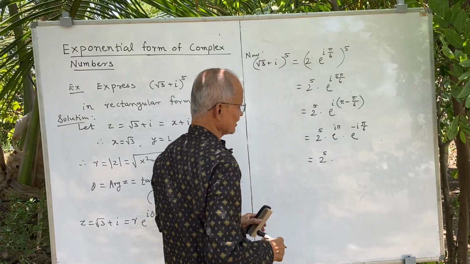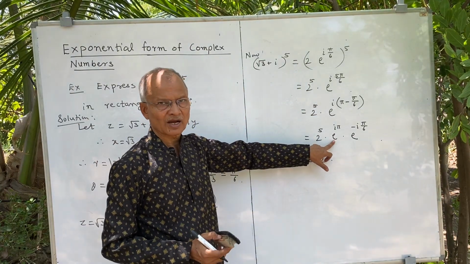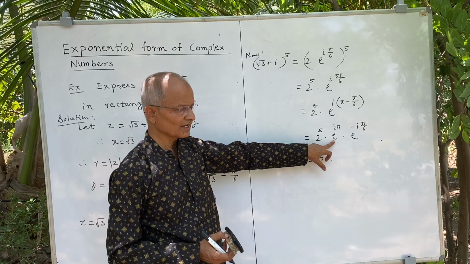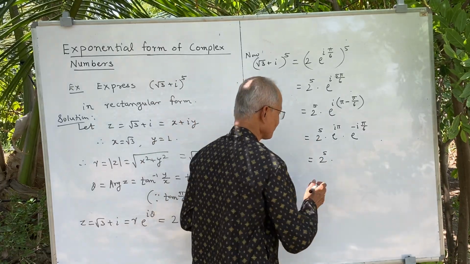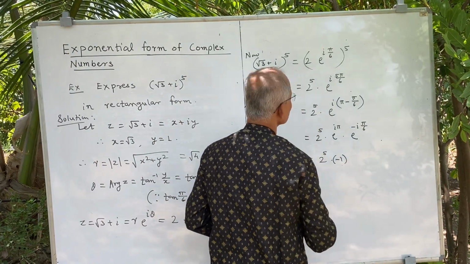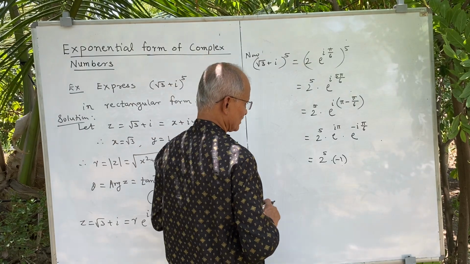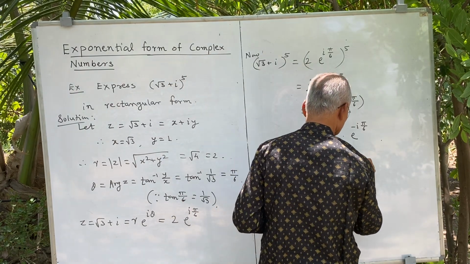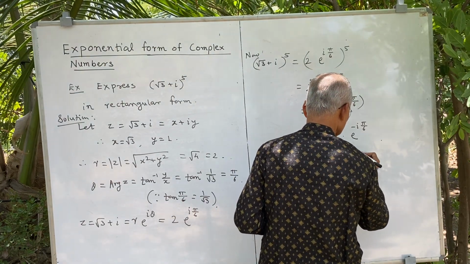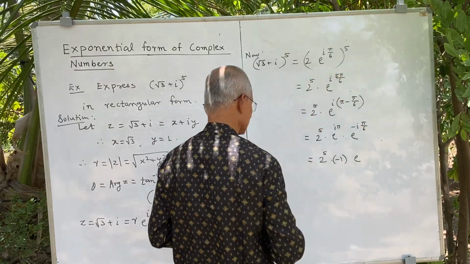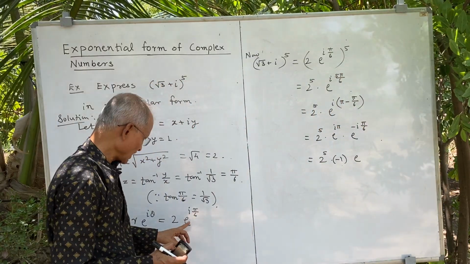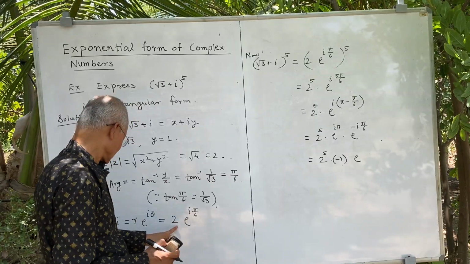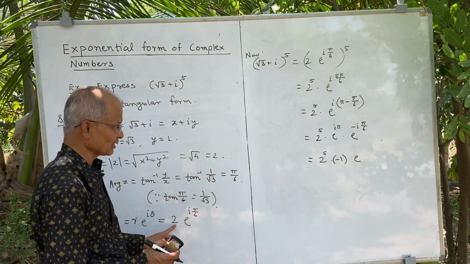We have seen earlier, by the Euler formula, e power i pi is cos pi plus i sin pi, which is minus 1. Verify this using the Euler formula. And this we shall keep as it is, e power minus i pi by 6.